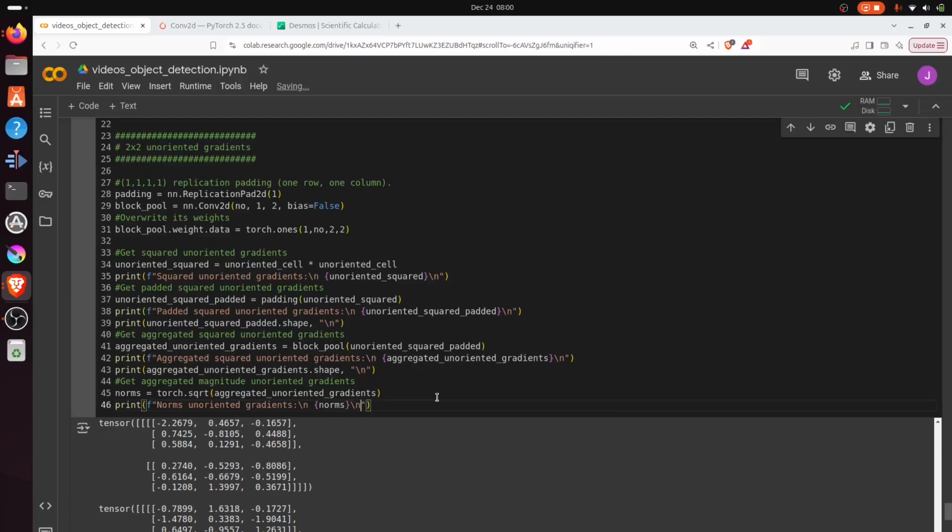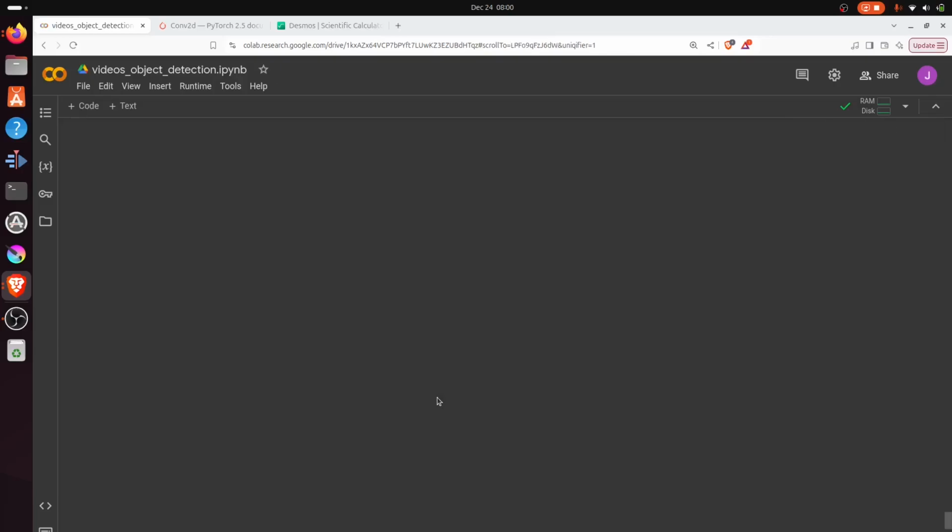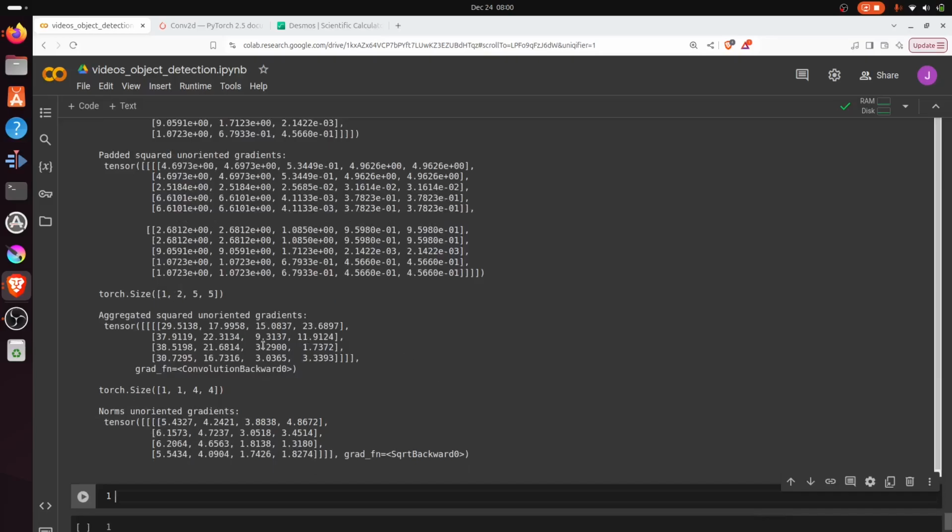Okay, fantastic. So let's have a look. Essentially we just took the square root of each element in here. So these are the norms of the unoriented gradients. Fantastic. So once we have the magnitudes of the unoriented gradients, what should we do?